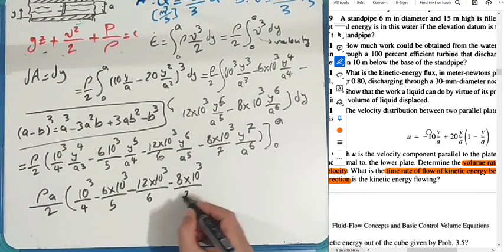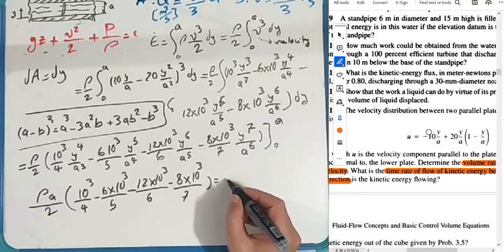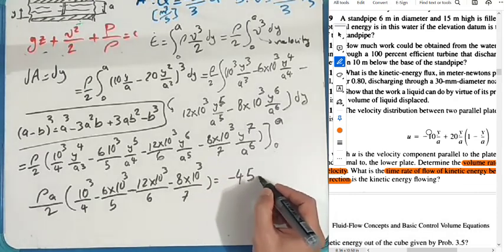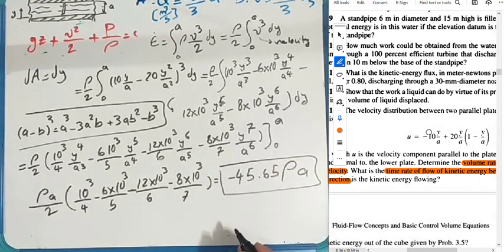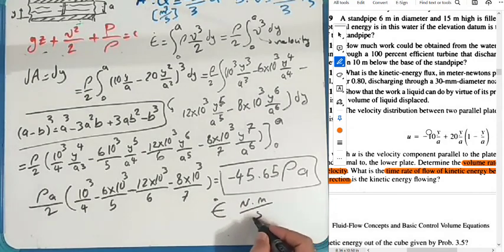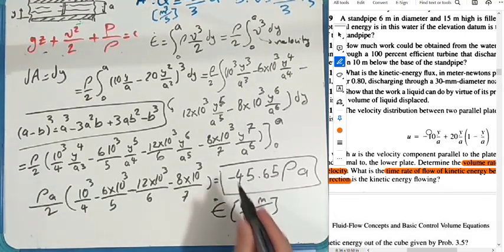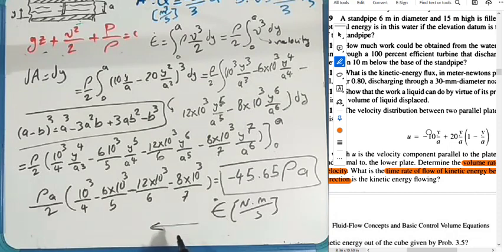I will write it this way, and the final answer will be minus 45.65 rho A, and the unit is Newton meter per sec. As you can see, this is negative, so the direction, like velocity, is to the left.